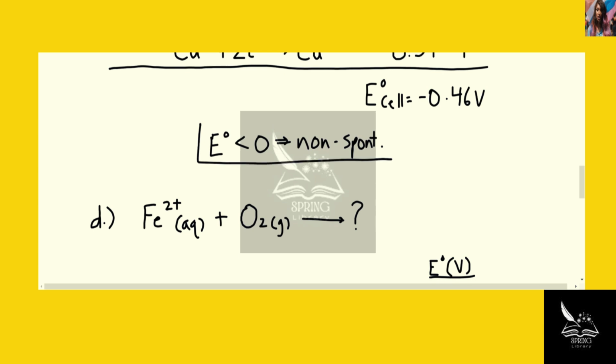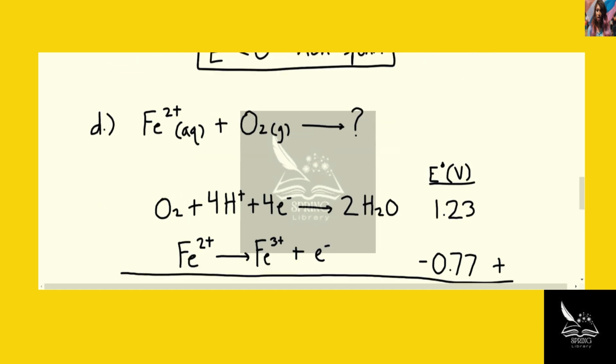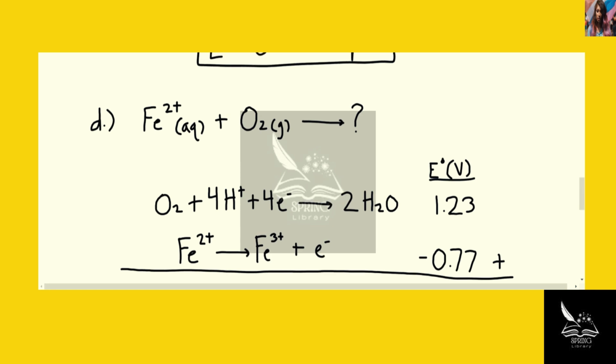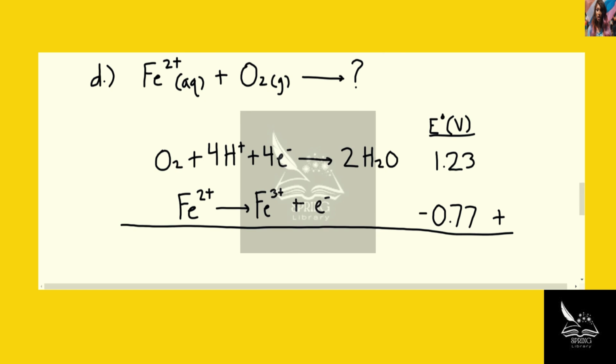So no reaction occurs for parts A and C. And the reaction in part D is FeSO4 being exposed to air. So that means we have Fe2 plus ions in aqueous solution plus gaseous oxygen from air. These are the half reactions from the standard reduction potential table.